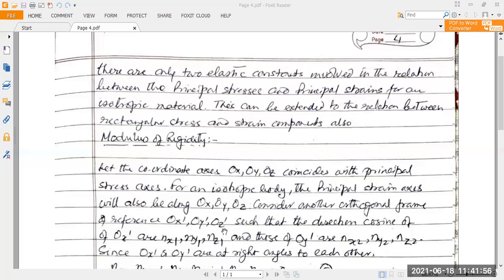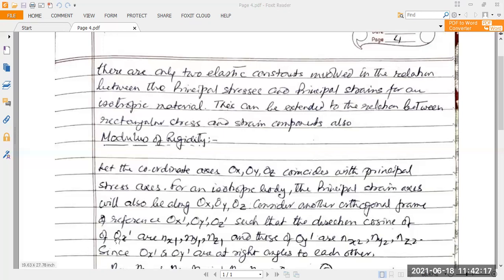But all these OX dash axes have different direction cosines from OX, OY, and OZ itself, because each is inclined at an angle with the principal x-axis, principal y-axis, and principal z-axis.